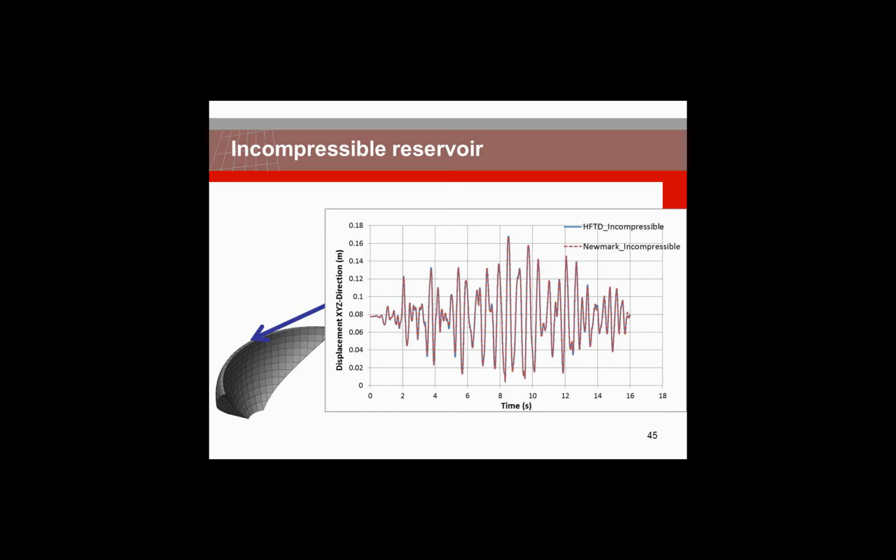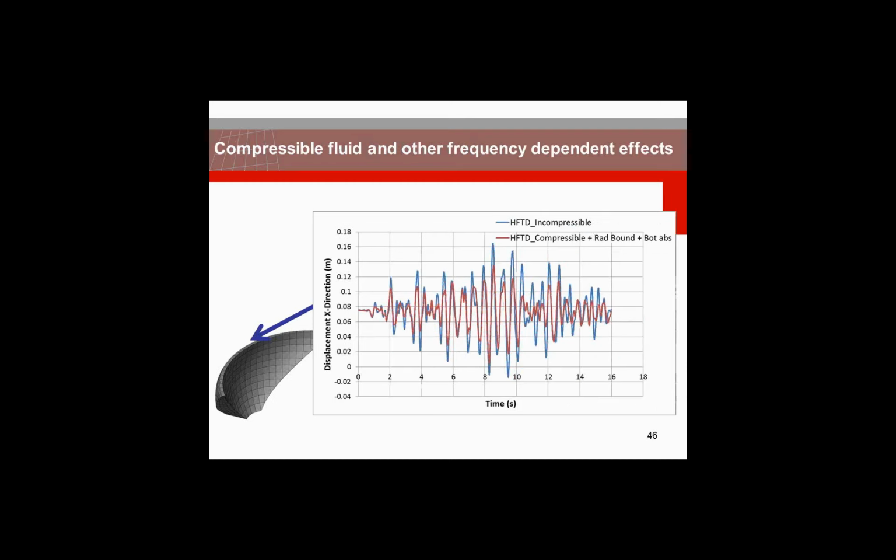Again, when we do the comparison of the incompressible case with Newmark and the incompressible case with HFTD, we obtain very, very good agreement between both methods in the linear case. And when we try to introduce the frequency-dependent property, that is the compressibility of the water, the radiation boundaries on the left side and the radiation boundaries at the bottom, the differences are notorious here.